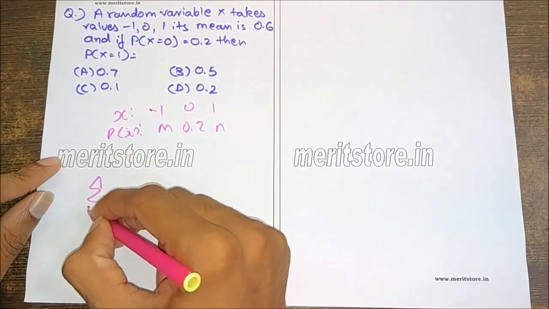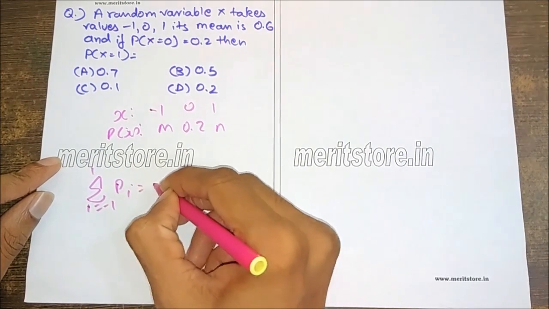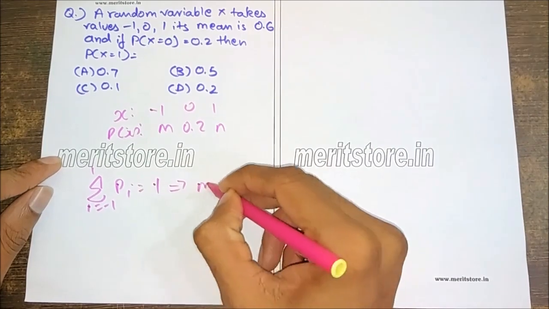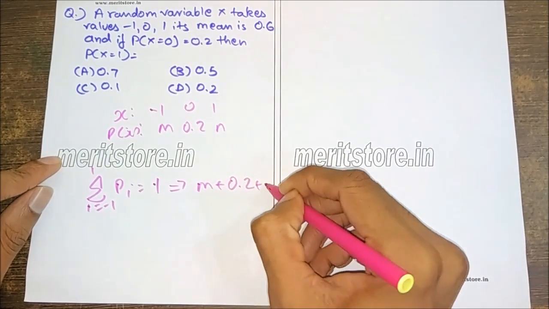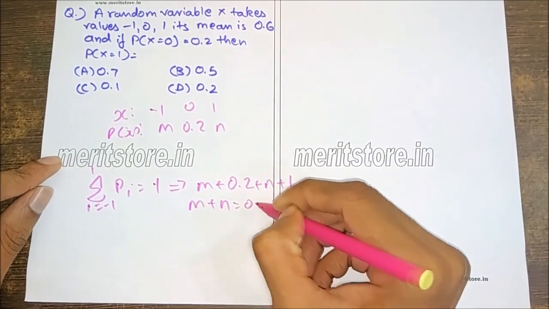Summation of probability is equal to 1, so m plus 0.2 plus n is equal to 1, that is m plus n equal to 0.8.